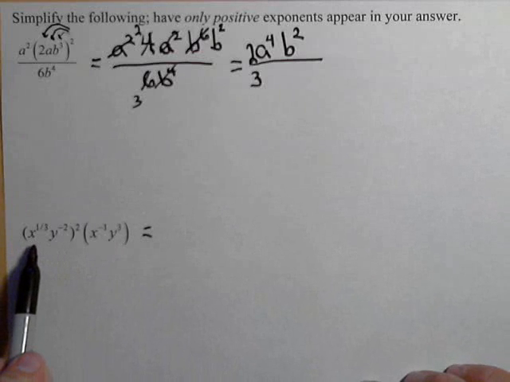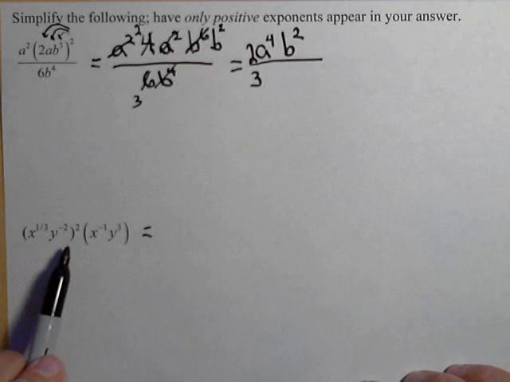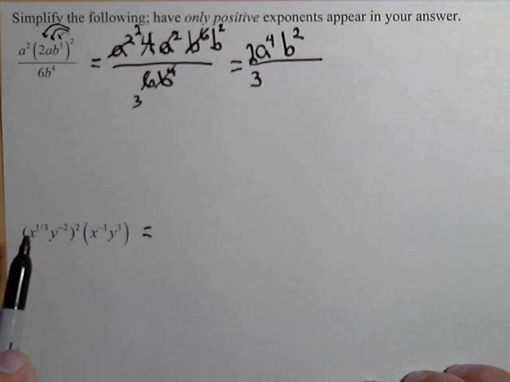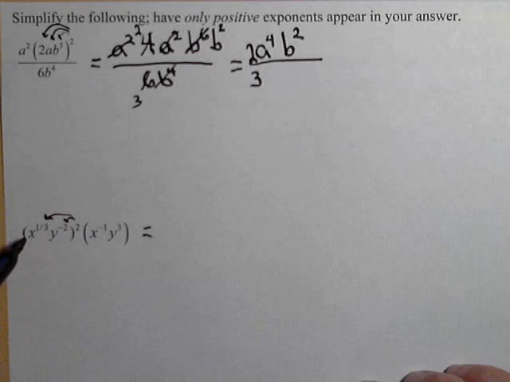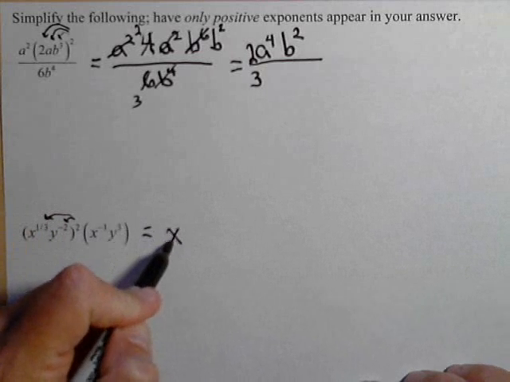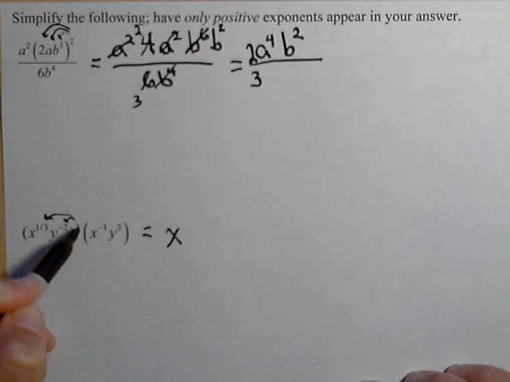So now looking at the second one, again we have a quantity being squared, and it's multiplied, so we can distribute that square to both terms. So that gives us x to the 1/3 squared.